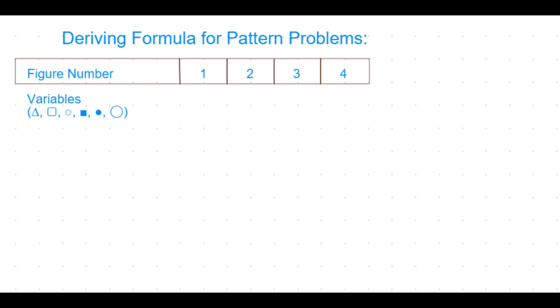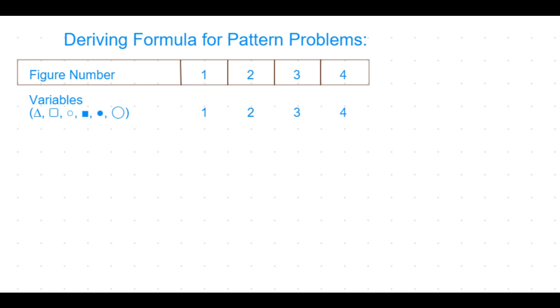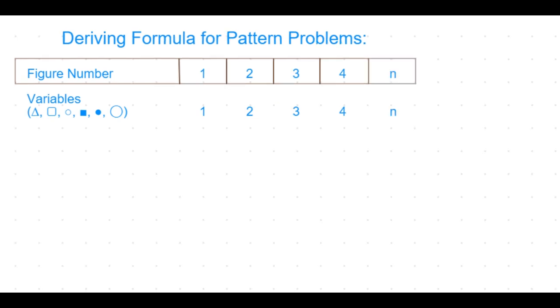Some patterns could have multiple variables, which means two or even more. Some patterns could have just one variable increasing in a certain pattern. Let's start with the easiest one. In this case, pattern 1 has one variable, pattern 2 has 2, pattern 3 has 3, and pattern 4 has 4, which means the nth pattern, the figure number, we call it n, will have n variables.